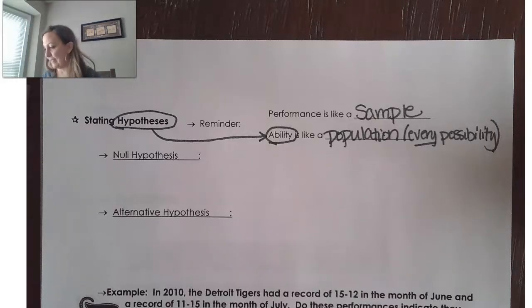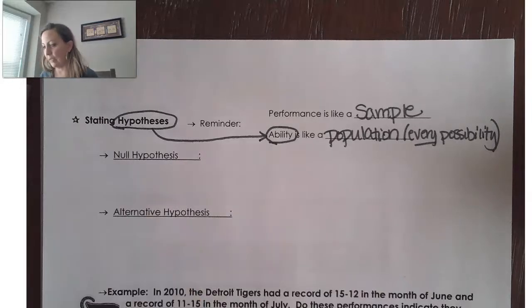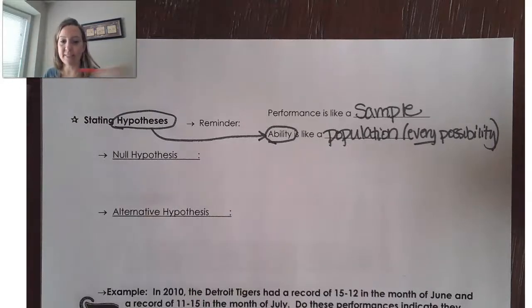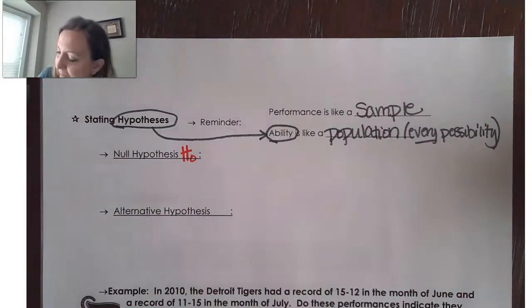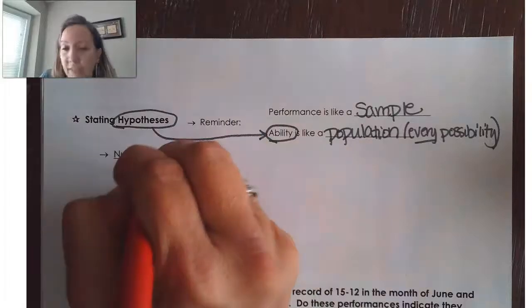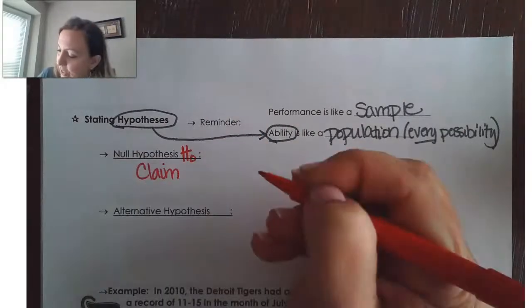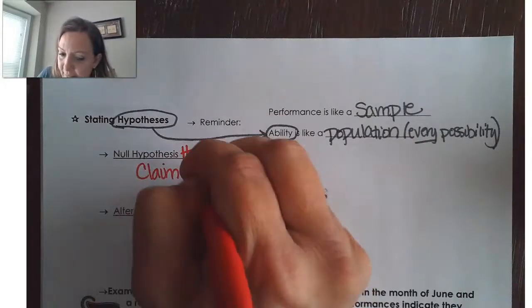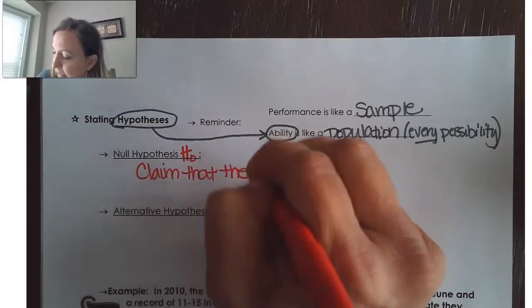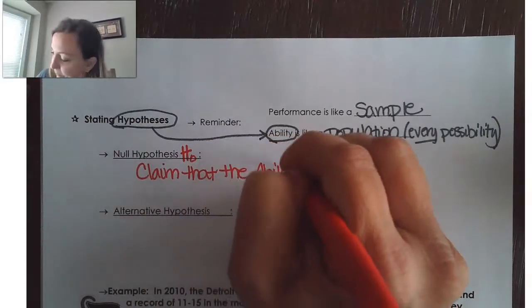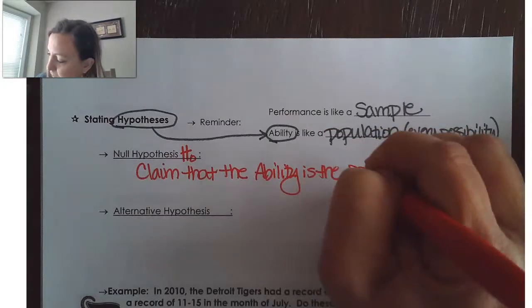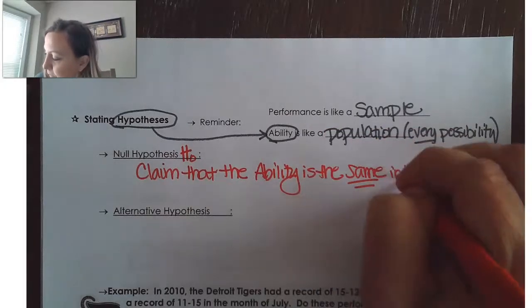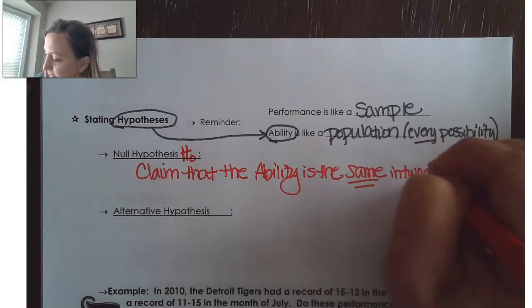So there are going to be two types of hypotheses. One of them is going to be our null hypothesis, which we're going to call H sub 0. The null hypothesis is like that claim 1 we talked about on the other page. It's going to be the claim that the ability is the same in two different contexts.